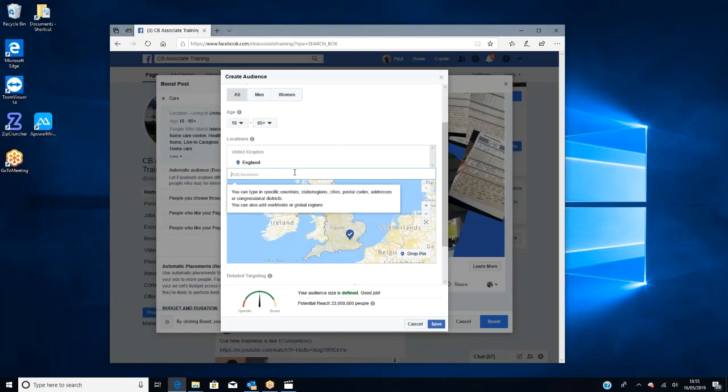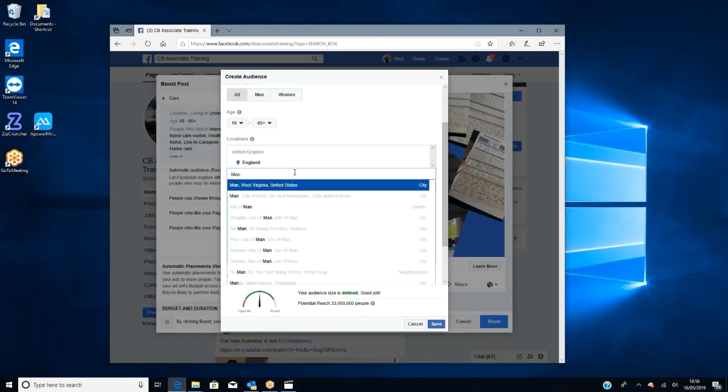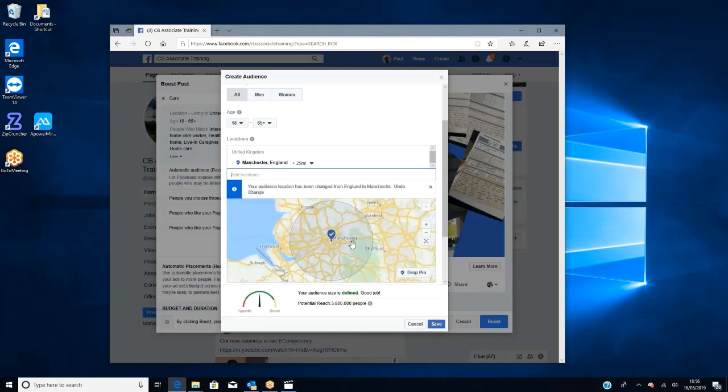But let's say, for instance, I decided I was going to actually target Manchester. So I now go Manchester, and now I've got a circle of that means anybody on Facebook or Instagram that I'm about to post this out to is going to get this if they're part of my target audience.